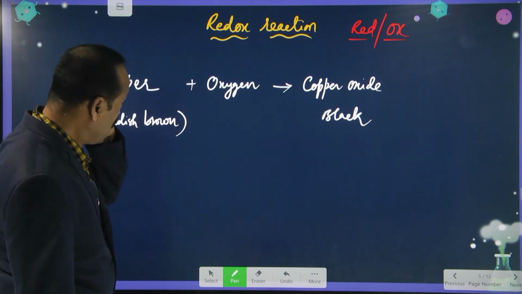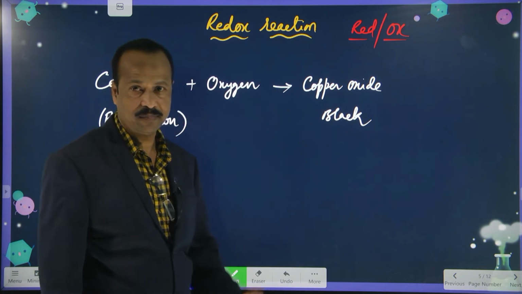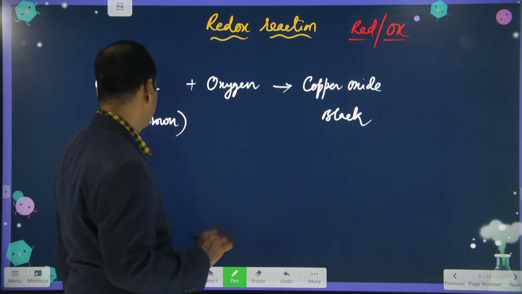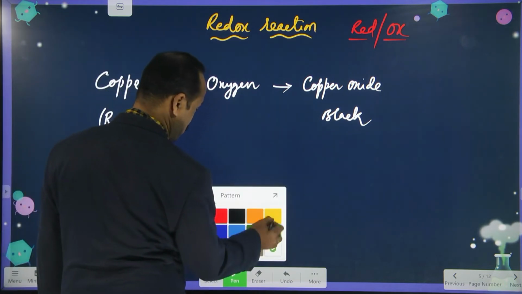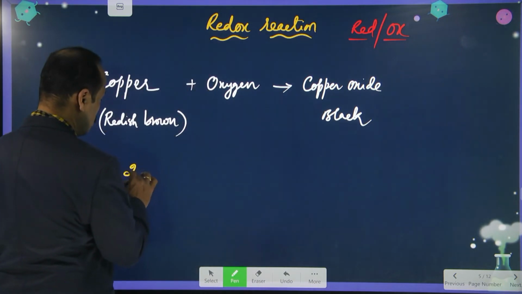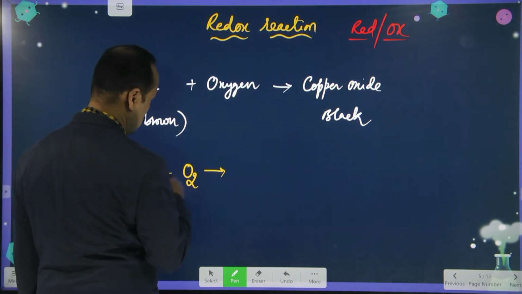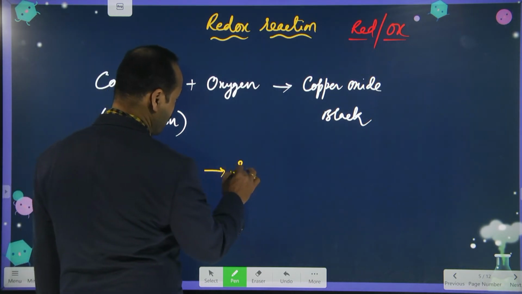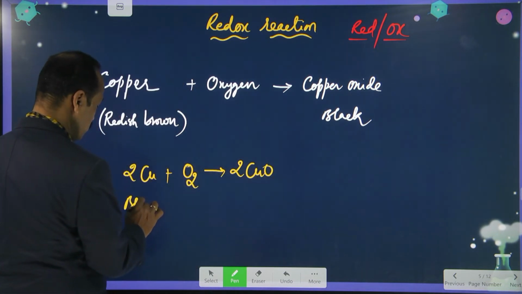So now copper is combining with oxygen to form copper oxide. Now if I want to write this as a chemical equation, how can I write here? 2Cu, that is copper, burning in oxygen O2, so I am getting 2CuO. Whereas this is black in color.